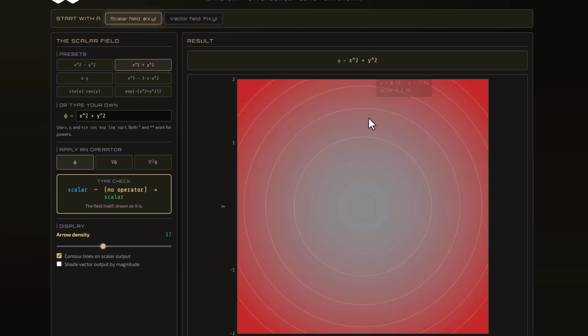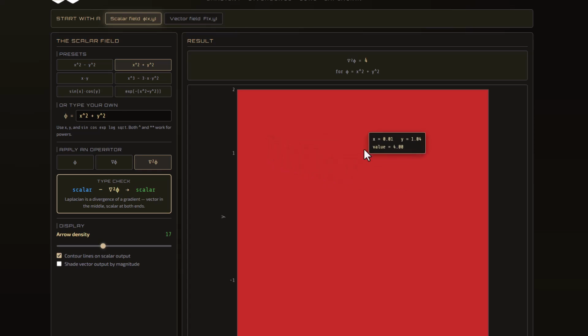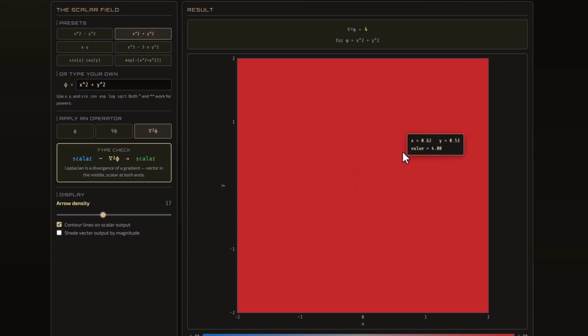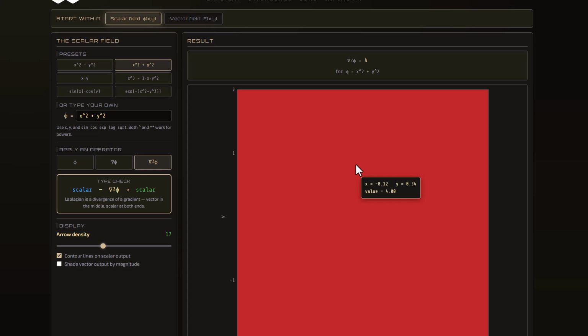Now I can tell by the function that as I move away from 0 in both directions, the value is going to increase no matter which way I go. So on average, yes, the value of the neighboring points is larger. And when we click the Laplacian, sure enough, the value is 4 everywhere. So as you keep working away from the origin, the value of the function keeps getting greater and greater, no matter where you are, and the Laplacian is 4 everywhere.